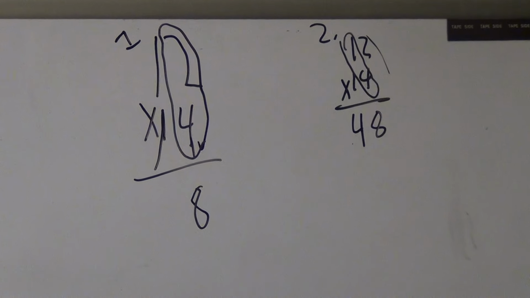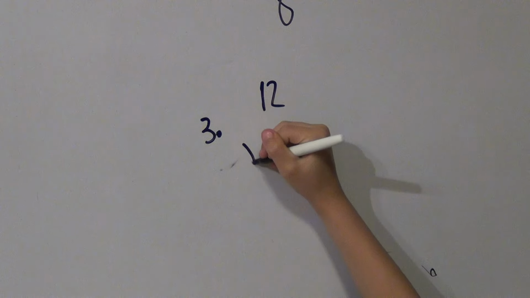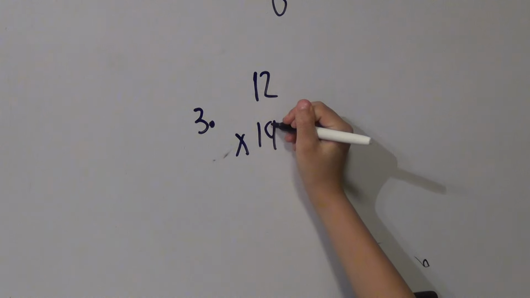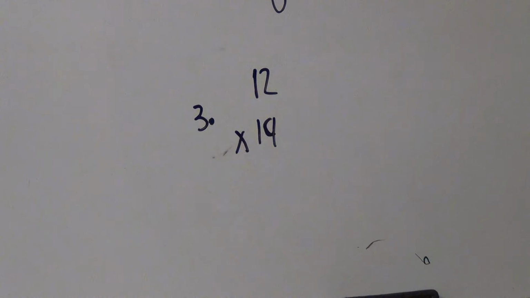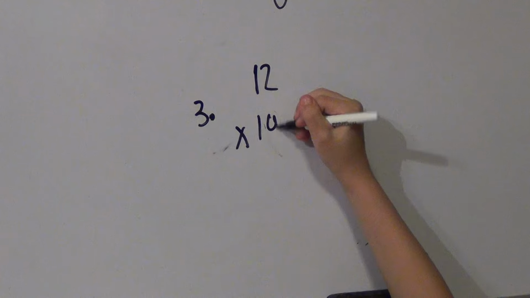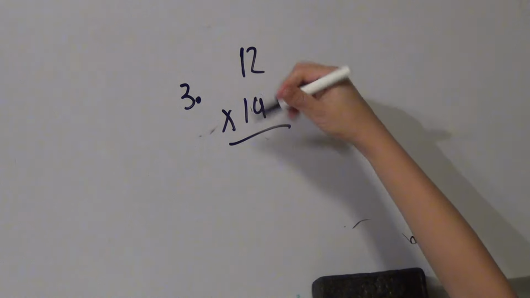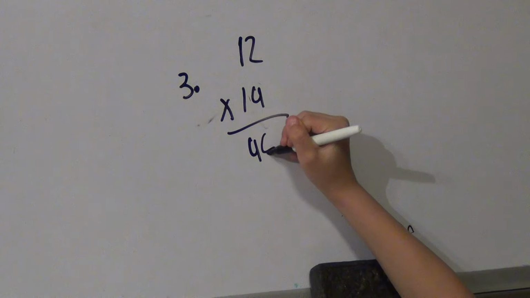Okay, step 3 is, wait, let me write the problem. 12 times 14. We already did that part and that part, which equals 48.